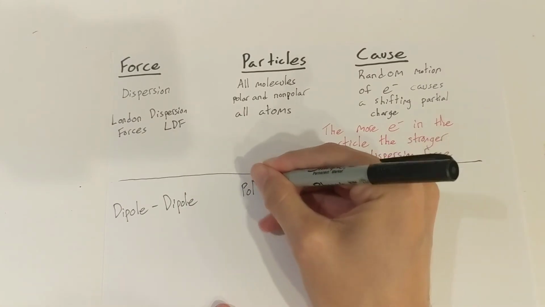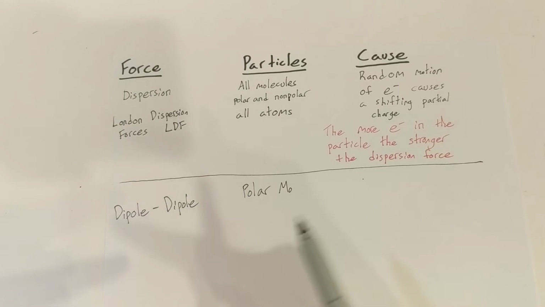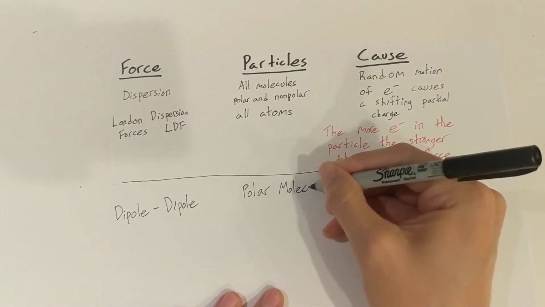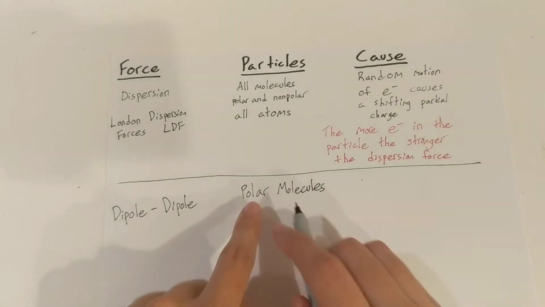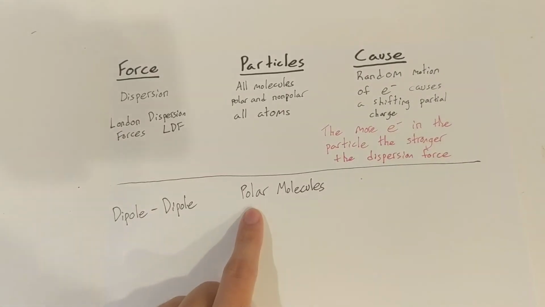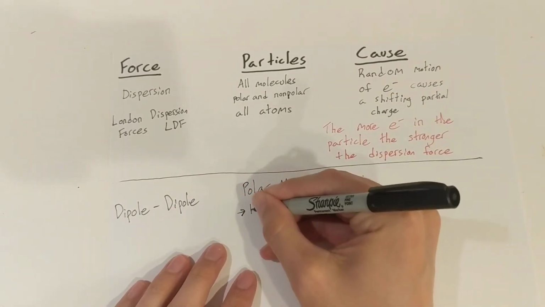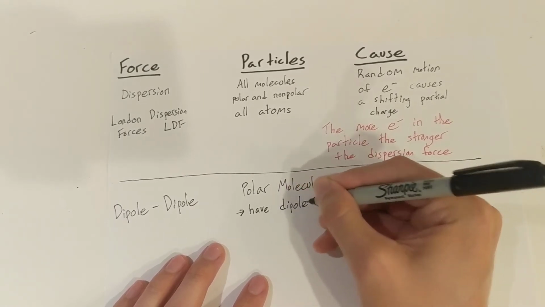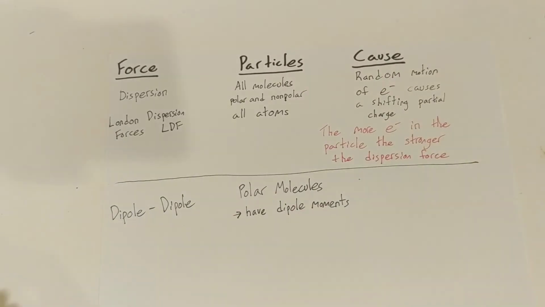So a molecule has to be polar in order to interact with each other with dipole-dipole forces. So this is polar molecules. And if we remember from last week, all polar molecules have dipole moments, which is the direction in that molecule that those electrons are pulled.